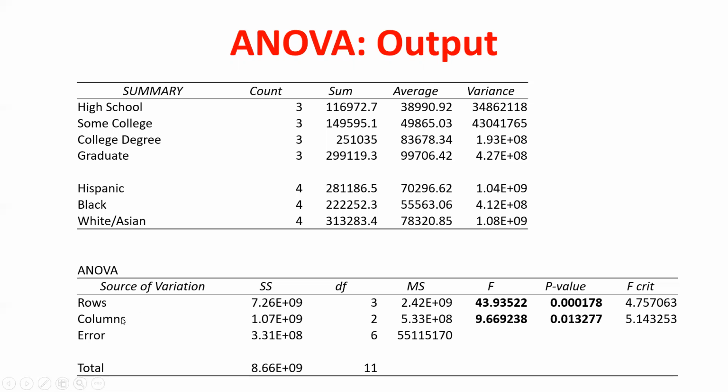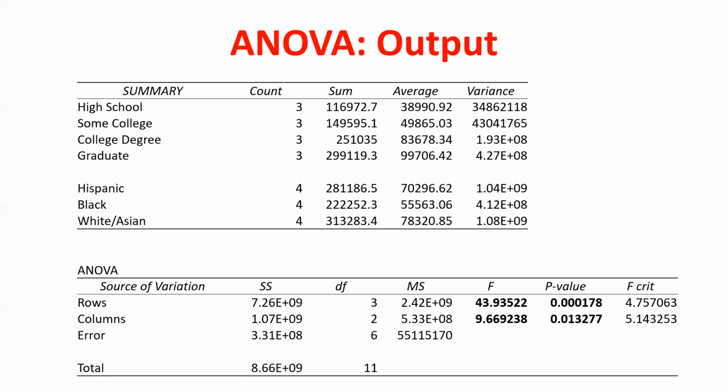Now, the column F statistic, I can interpret as, well, I can't quite reject the null at the 99% level, right? So holding constant someone's education level attainment, I can't with 99% confidence say that there are differences across the races. Right? But just because I can't say it with 99% confidence, I could say it with 98% confidence, right?